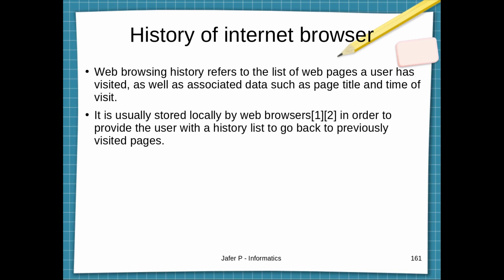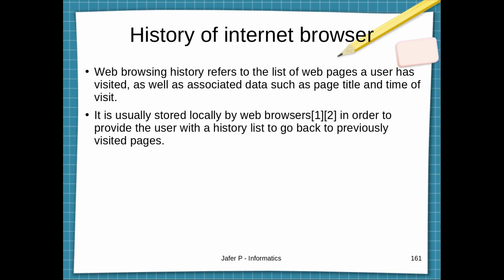Okay, it is usually stored locally by web browser in order to provide the user with the history list to go back to previously visited page. You know that if you want to access any internet resources, you need the help of web browser software, right?